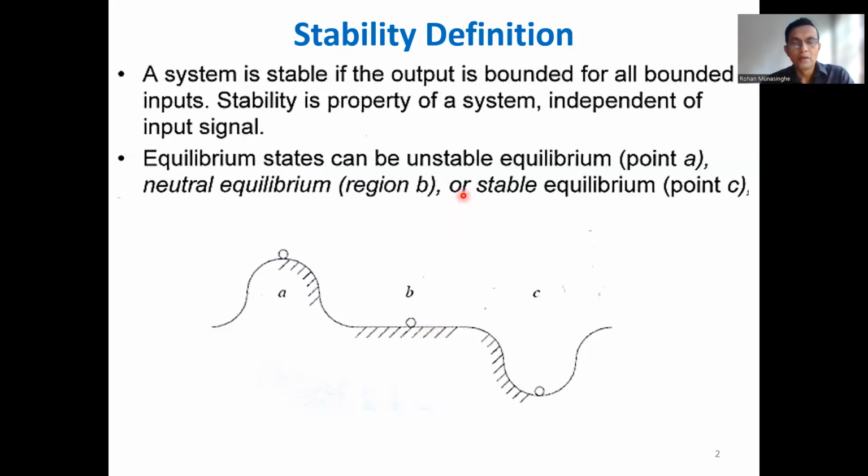Or it could be an unstable equilibrium over here, which is very fragile. So this one over here is the stable equilibrium, where the object comes back to the original point even if you deflect it. So: unstable equilibrium, stable equilibrium, and neutral equilibrium.